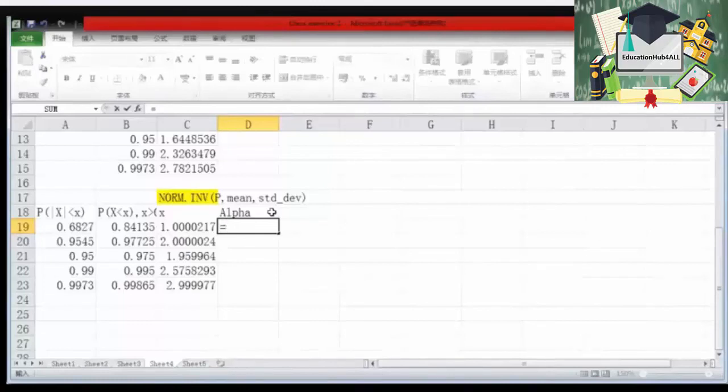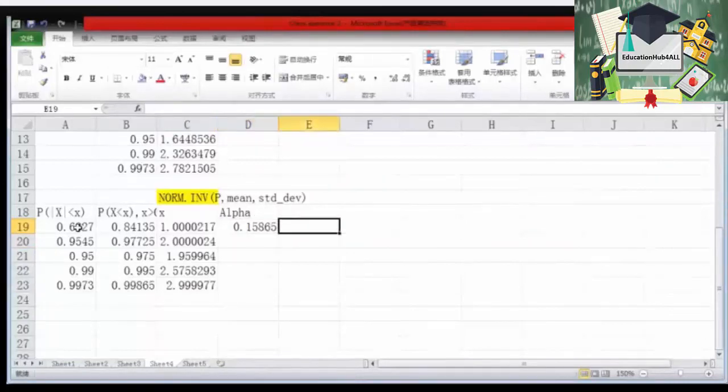So the alpha here should be 1 minus this probability, divided by 2. You agree? 1 minus the probability divided by 2 gives us the left tail probability. And then I find the value x.